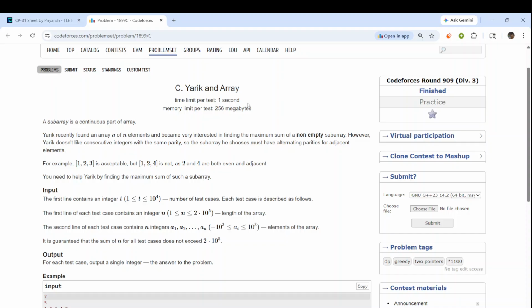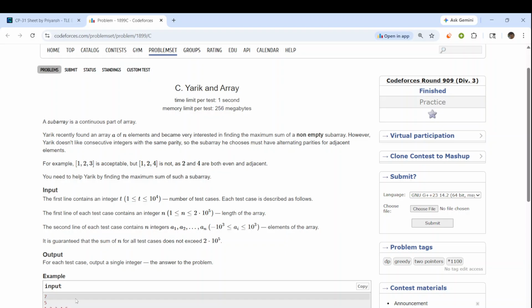So the subarray he chooses must have alternating parities for adjacent elements. That's good. For example, 1 2 3 is acceptable, but 1 4 is not acceptable because the parity is the same. Like 1 after that 2, it's okay, but 2, 4, it's not. You need to help with finding the maximum sum of such a subarray.